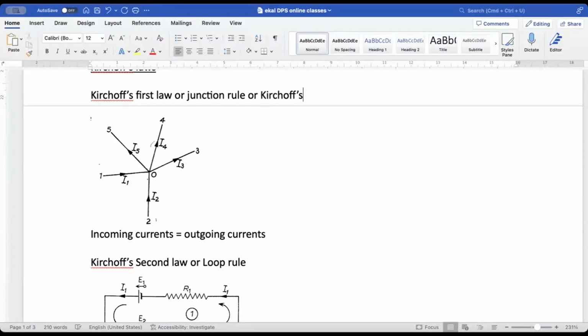Whenever any steady current flows in a circuit, there is neither any accumulation of charge at any point in the circuit, nor any charge removed from there. So we can say that Kirchhoff's law can be used as a statement for the conservation of charge.